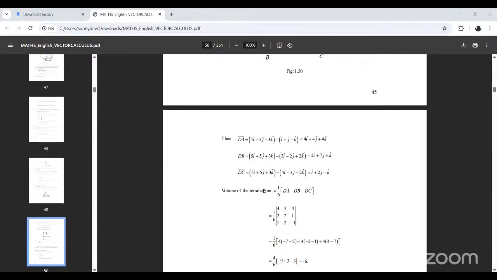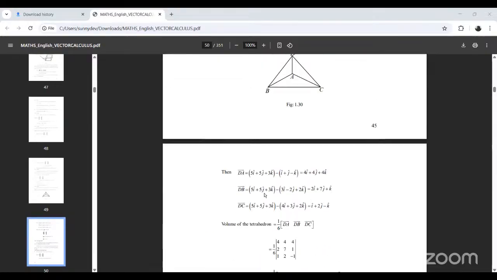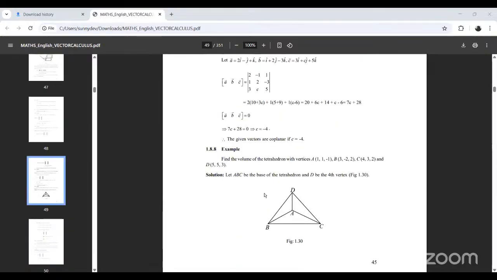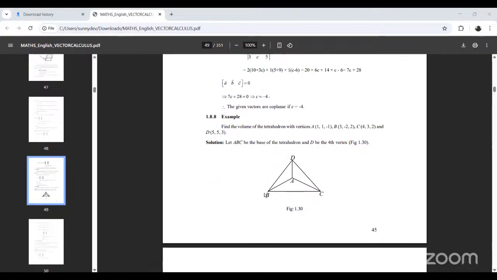So this is the coplanar definition. And one more thing, this is also important: find the volume of a tetrahedron with the vertices A, B, C, D. We take ABC as one triangle, the base of the tetrahedron, and D is the fourth vertex, as given in the figure.